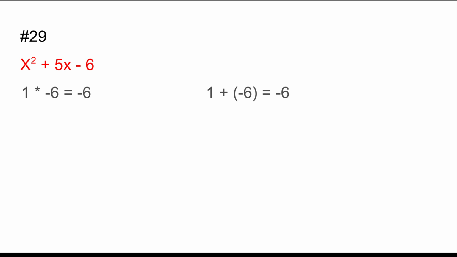So this should be negative 1 times 6 equals negative 6, and negative 1 plus 6 equals 5. Sorry about that. So our answer should be x minus 1 times x plus 6. So flip those signs.